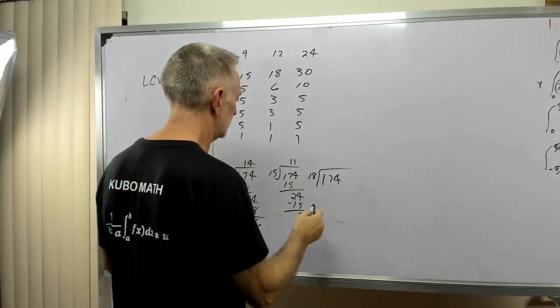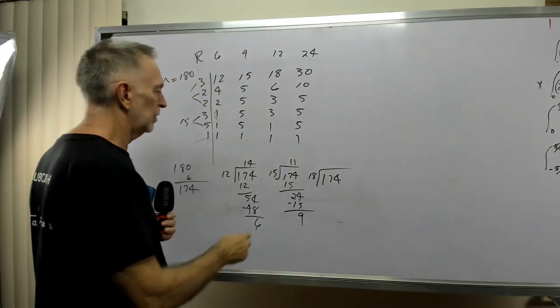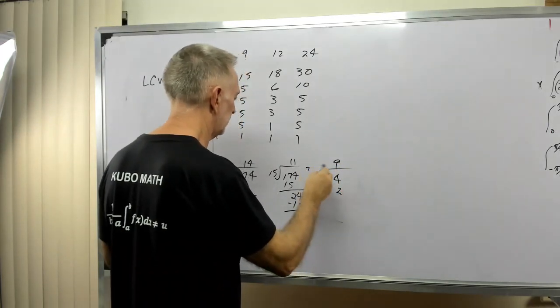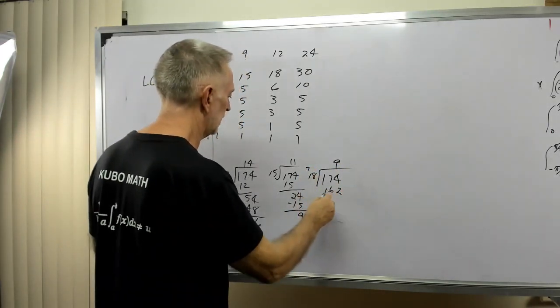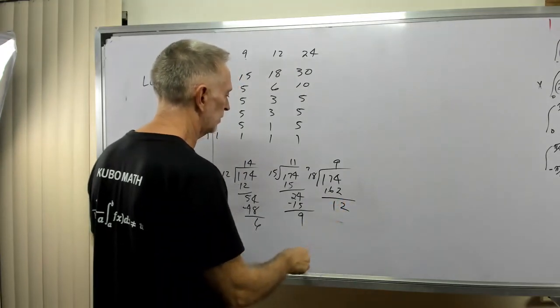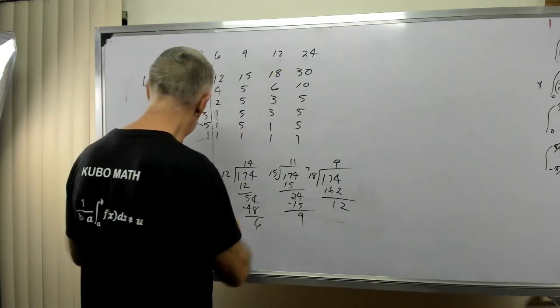Oh, let's see, 10 would be 180, so let's go 9. 9 times 8 is 72, 9 times 1 is 9, 16, so that's 12. Hey, that's what we wanted. And let's do one more.